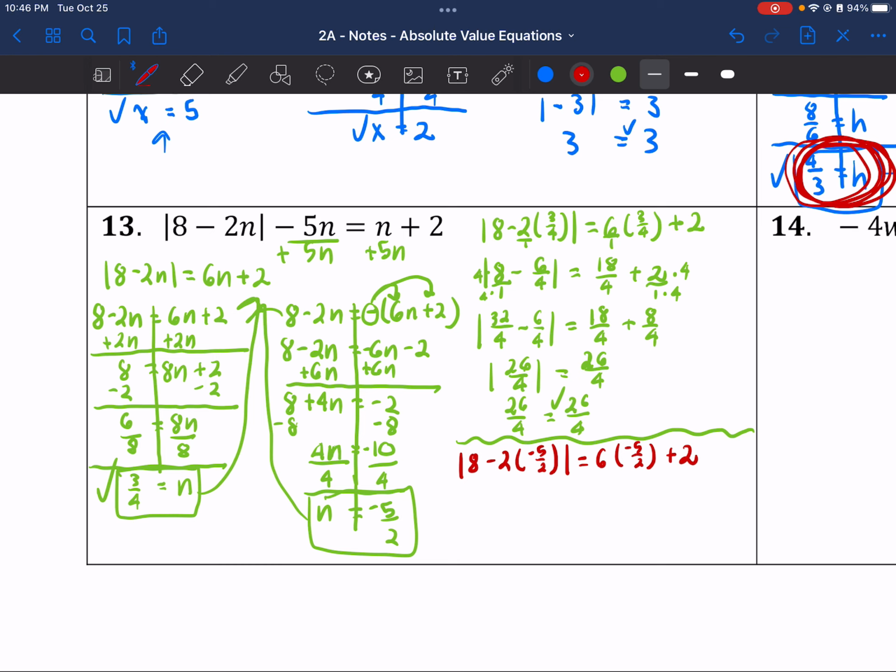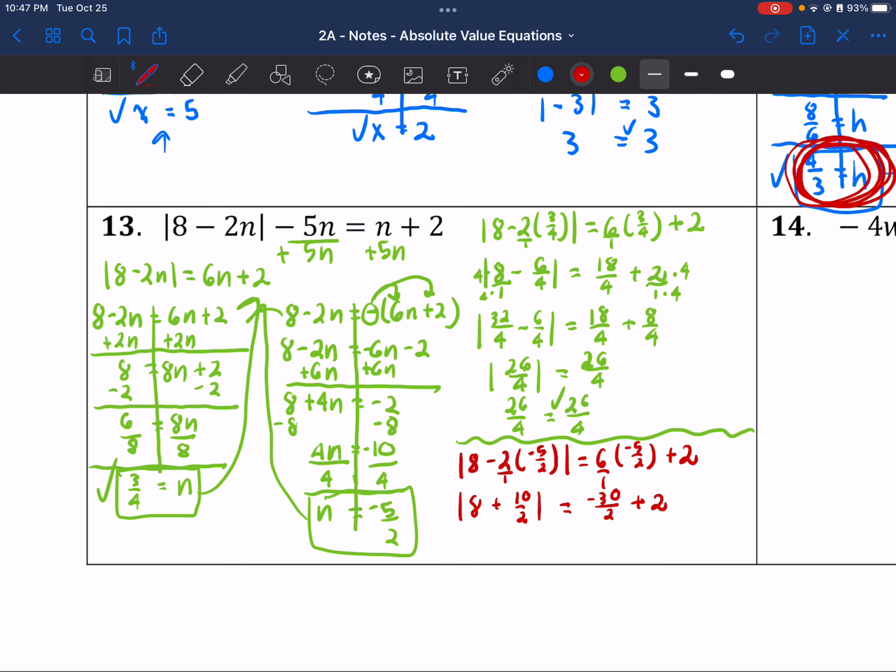So now we're going to multiply with our fractions. Negative 2 times negative 5 is going to be positive 10. So we get 8 plus 10 over 2 is equal to 6 times negative 5 is negative 30 over 2 plus 2.